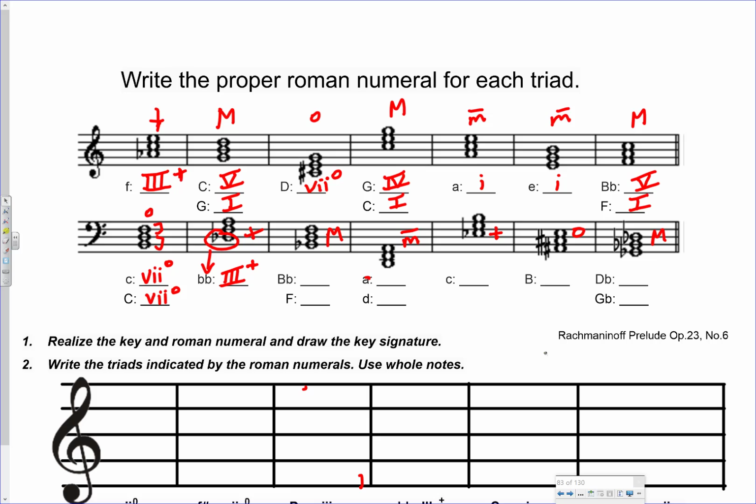In the next example, B flat is the root. It's a major triad. It's the tonic triad in the key of B flat, and it's the 4 chord, or the subdominant triad, in the key of F major.